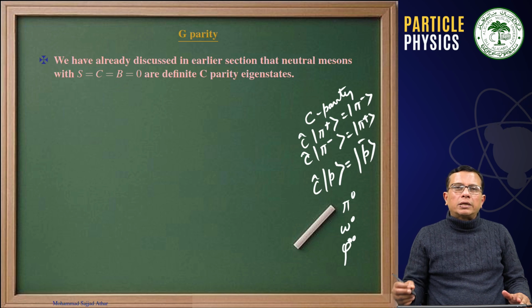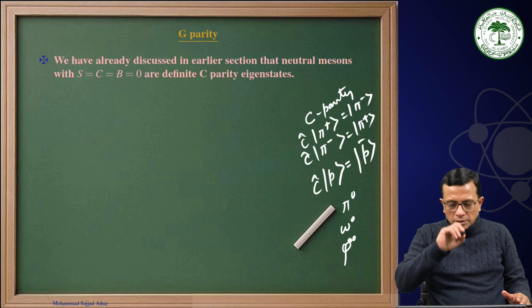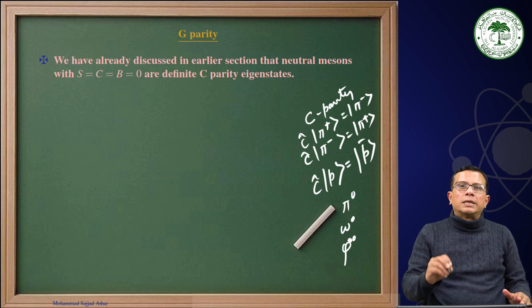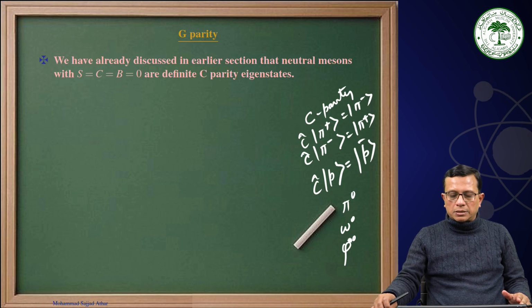And the quantum number associated with the G-parity operator is conserved in the strong interaction, while it gets violated in weak and electromagnetic interactions.